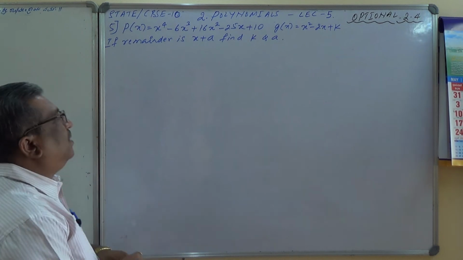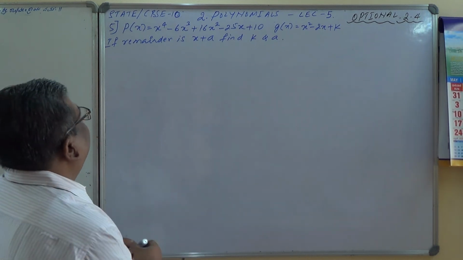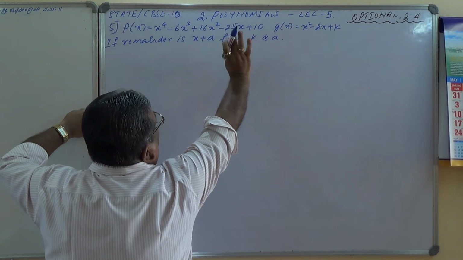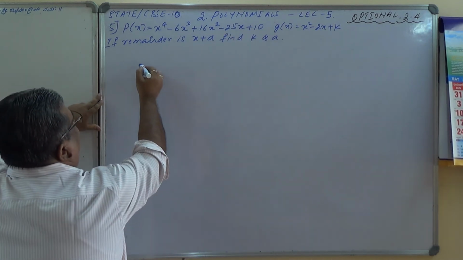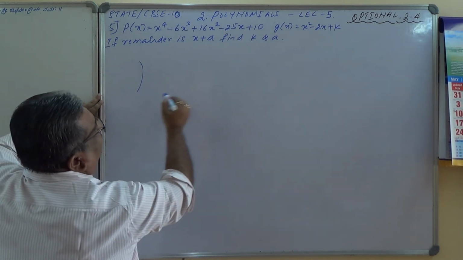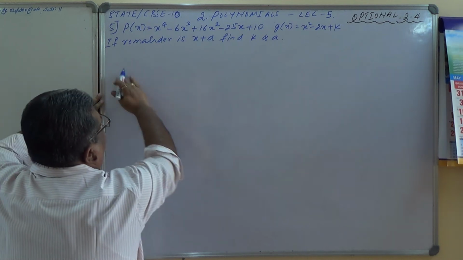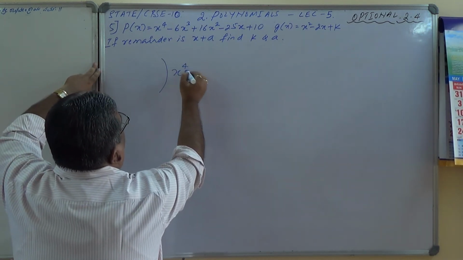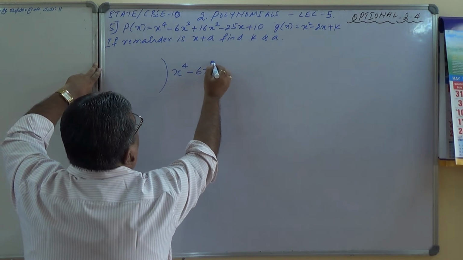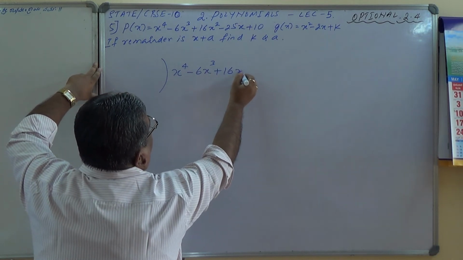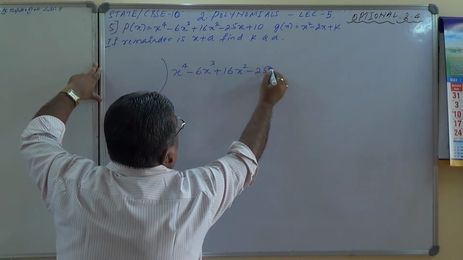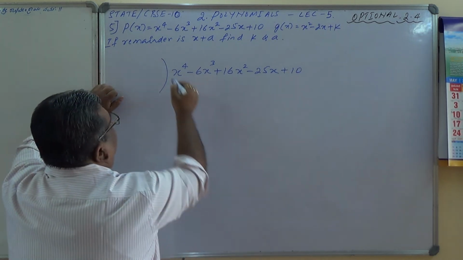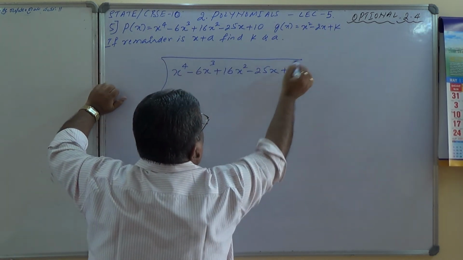You must remember that. Okay, so let me apply the division algorithm directly. So 4, 3, 2, 1, 0. So I'll apply the division algorithm. This is x square minus 2x plus k. I'll write a little bit this side. x to the power 4 minus 6x cube plus 16x square minus 25x plus 10. And here we'll get the quotient.